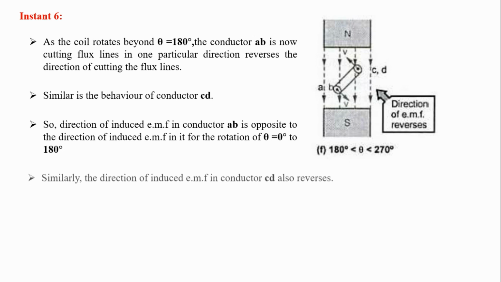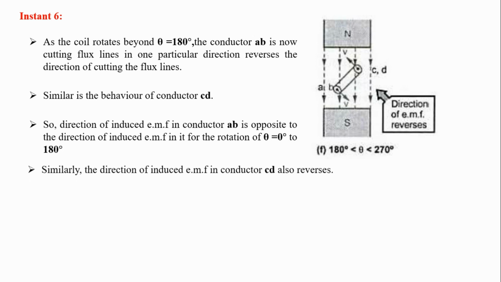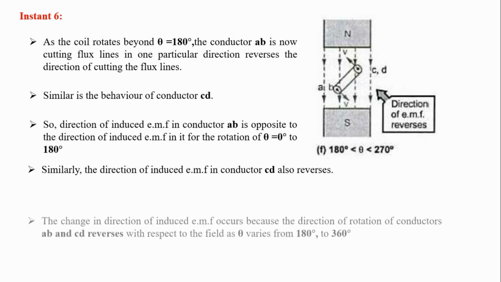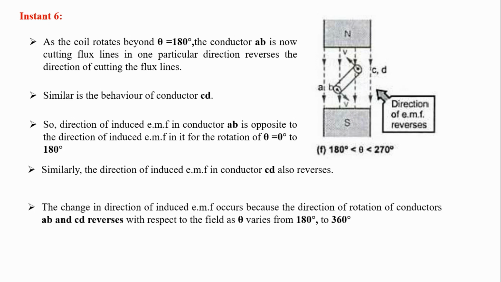Similarly, the direction of the induced EMF in conductor CD also reverses. The change in the direction of induced EMF occurs because the direction of rotation of conductors AB and CD reverses with respect to the field as theta varies from 180 degree to 360 degree. Now AB is under south pole, CD is under north pole.